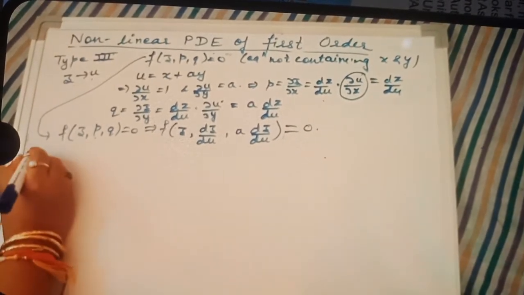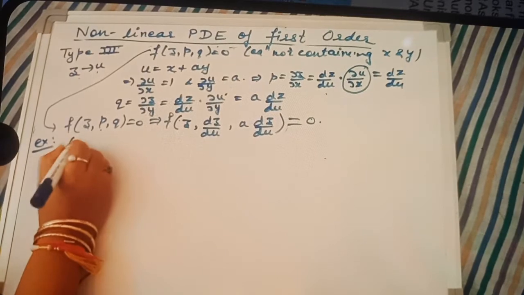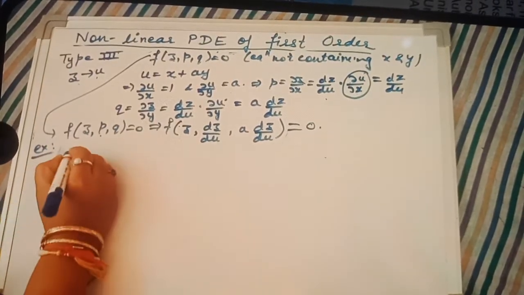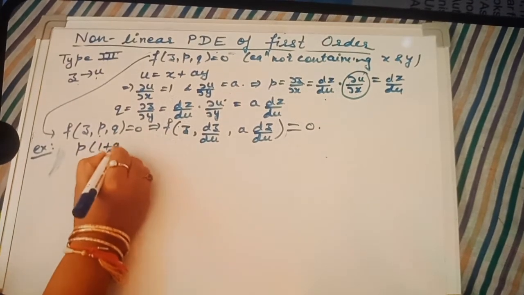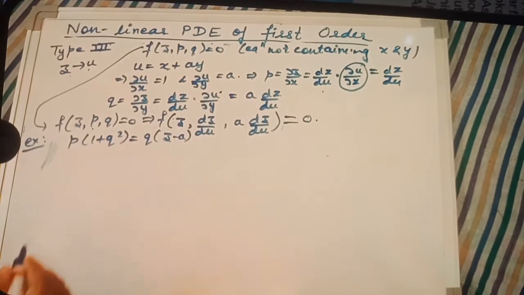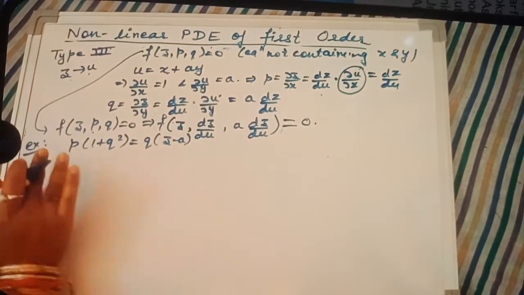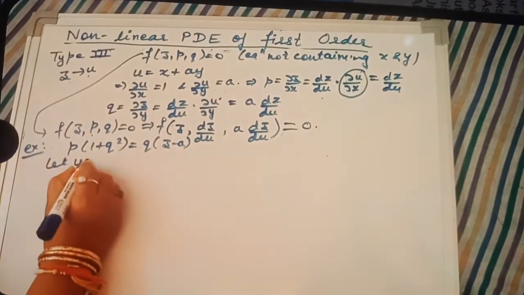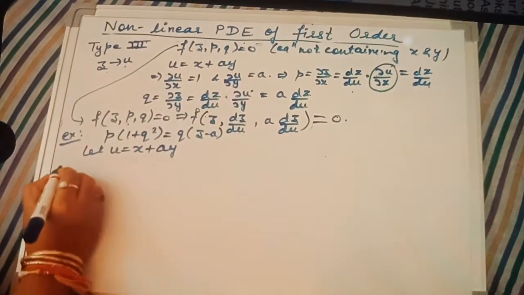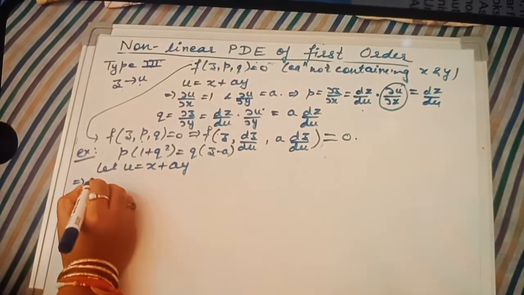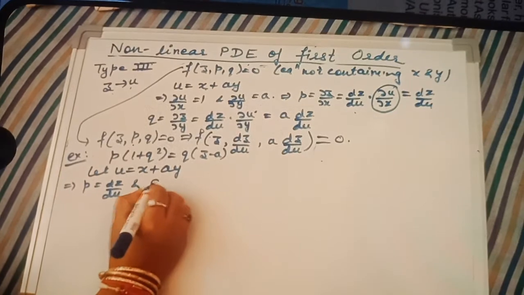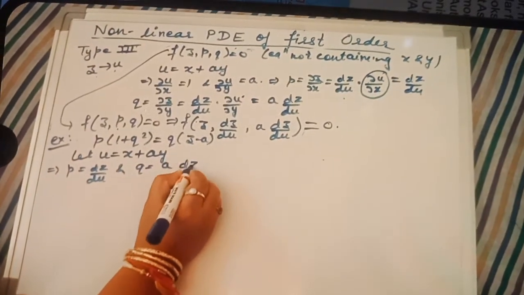Now let us do the example. Suppose we have to solve p into 1 plus q square equal to q into z minus a. In this also we assume that u is equal to x plus ay, in a similar way. Then we put p equal to dz over du and q equal to a dz over du.